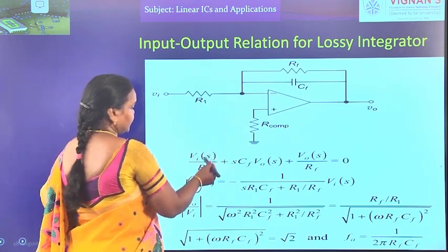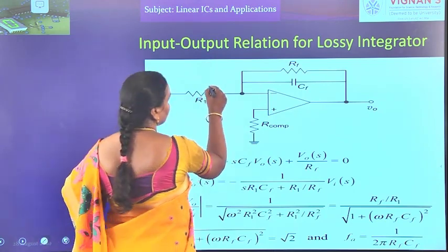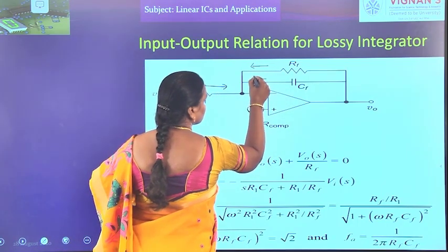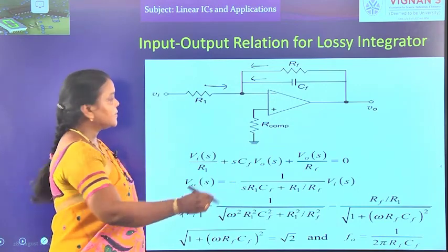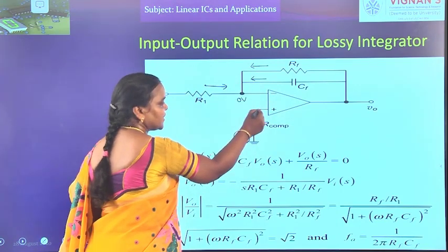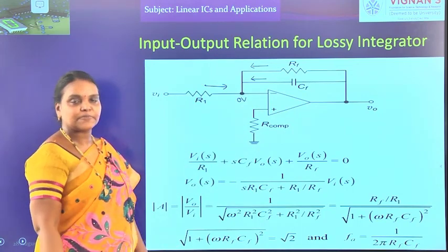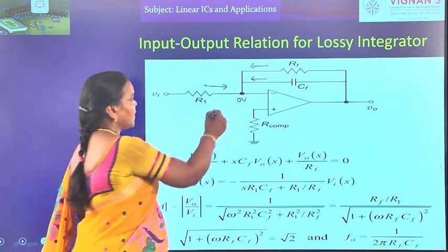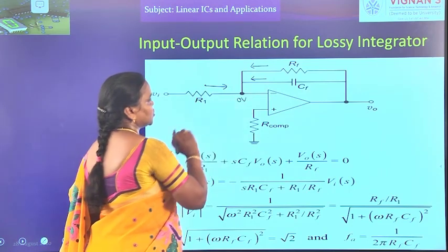So, here let us take the directions of currents like this, and this node is at 0 volts because non-inverting is connected to ground, so inverting will be at 0 volts.